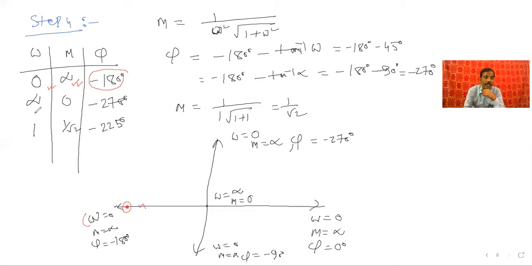And the second point, the terminating point, omega infinity, M 0, means again origin, and the 270 degree path. That means this is the path. And at omega equals to 1, M equals to 1 by root 2, and phi equals to minus 225 degree.